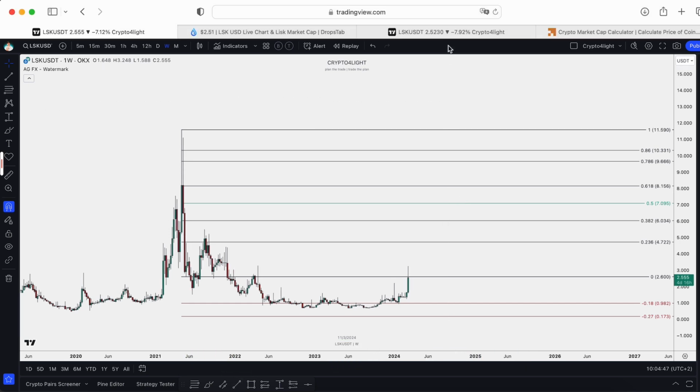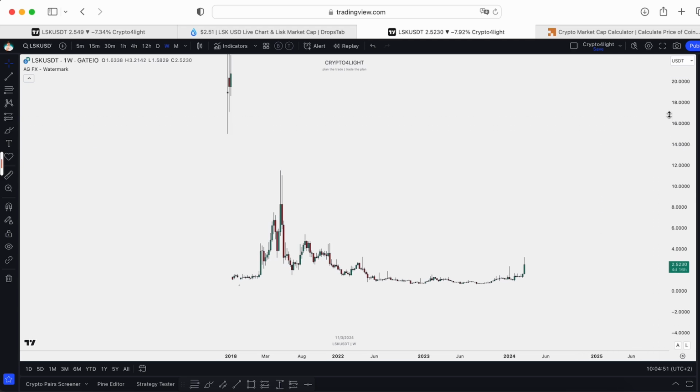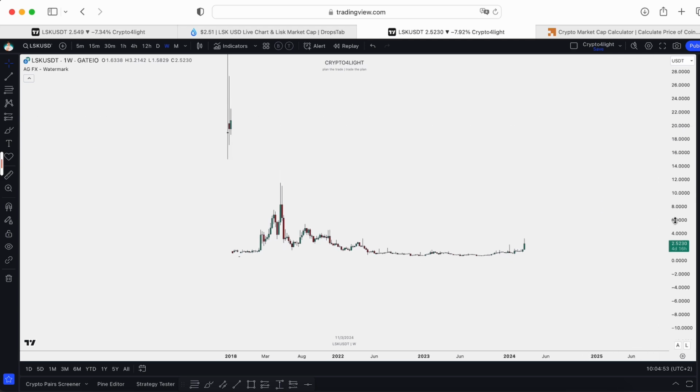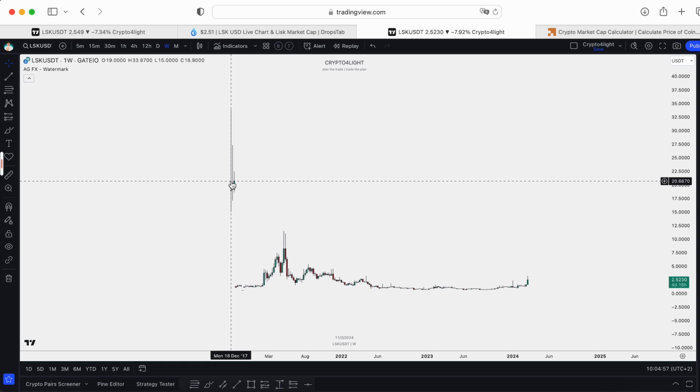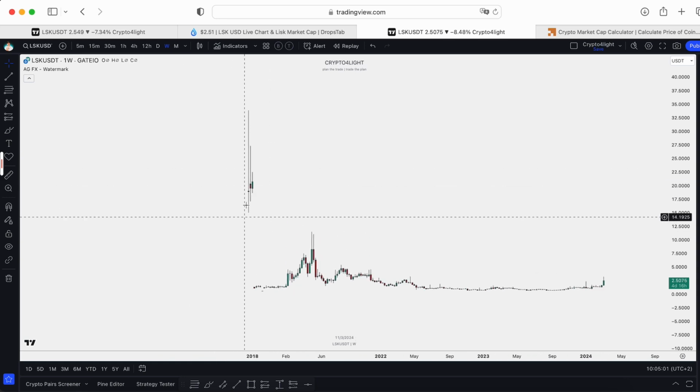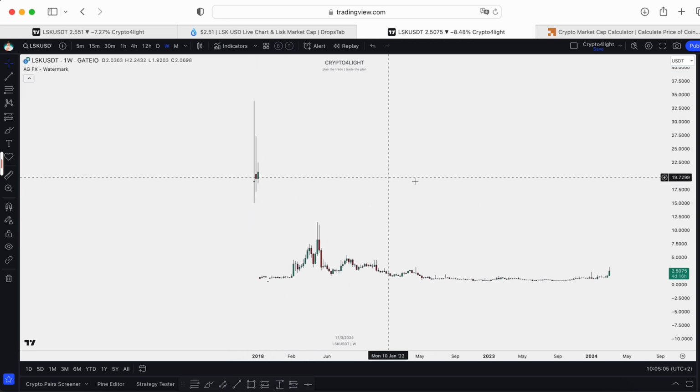This is not a brand new coin. This coin was listed on Gate.io by the end of the previous bull run, because this is the third one on this chart. So this was December 2017, the end of the bull run in January 2018. I don't know what happened at that time, because even the chart looks kind of weird.